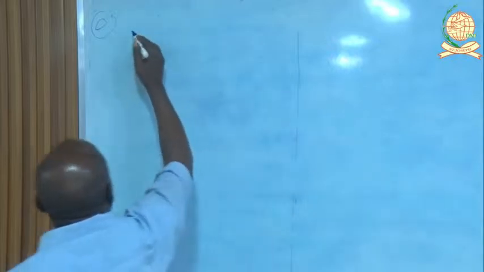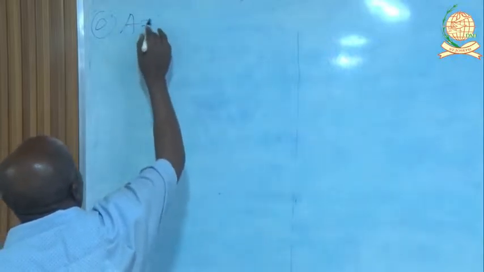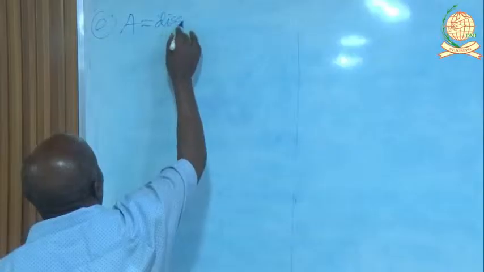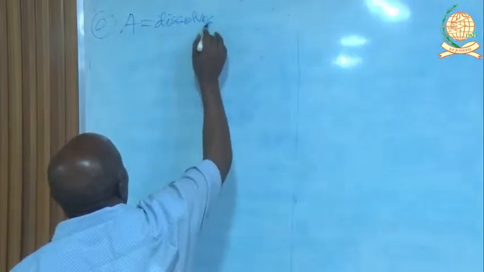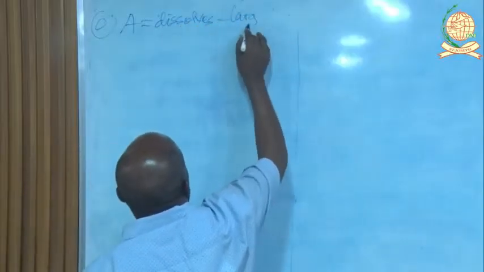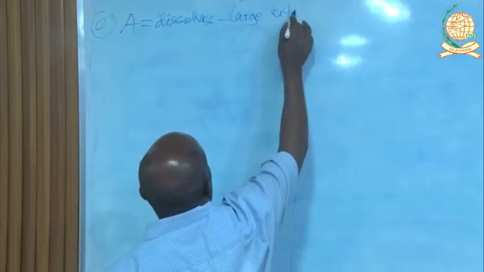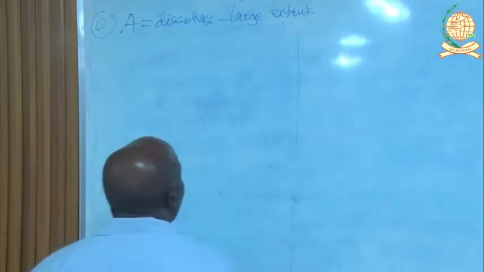Explain. Yes, I agree with my friend, because if A dissolves to a large extent, it means it forms more free ions.